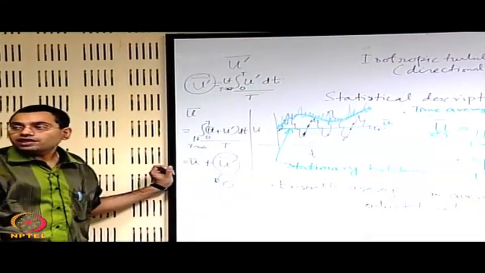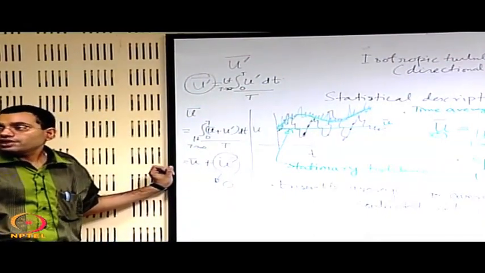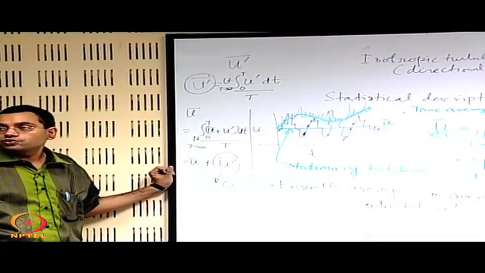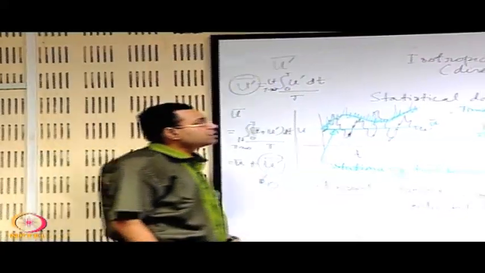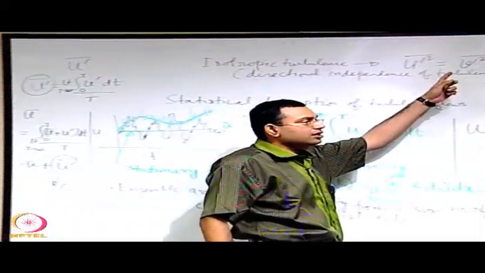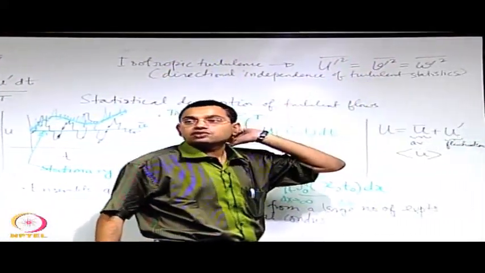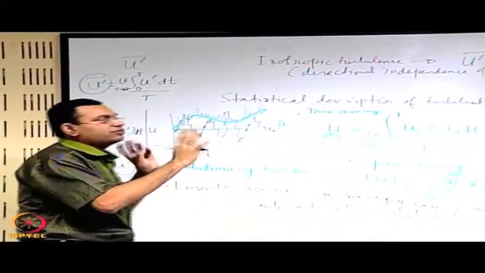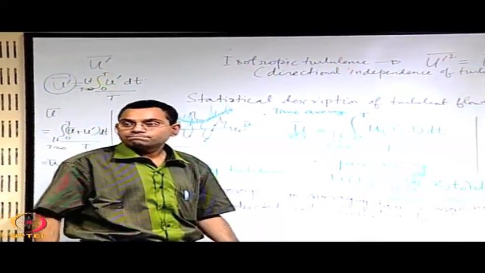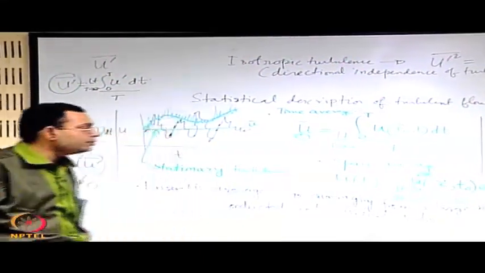So the average of the fluctuation is 0, that is why it is a random fluctuation, its average over that time must be 0. But the average of u prime square or v prime square or w prime square is not 0. So the average of the product of the two fluctuations will not be 0, that we have to keep in mind.